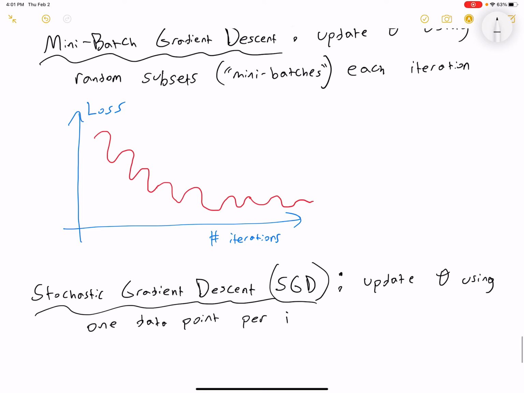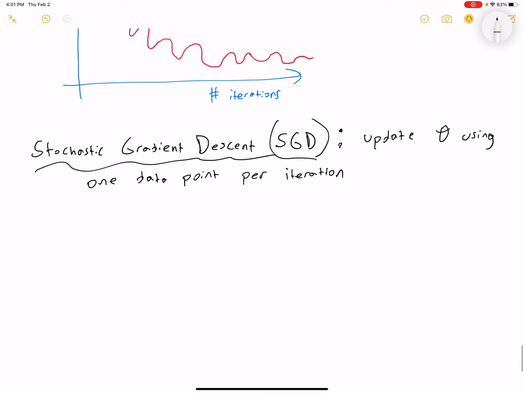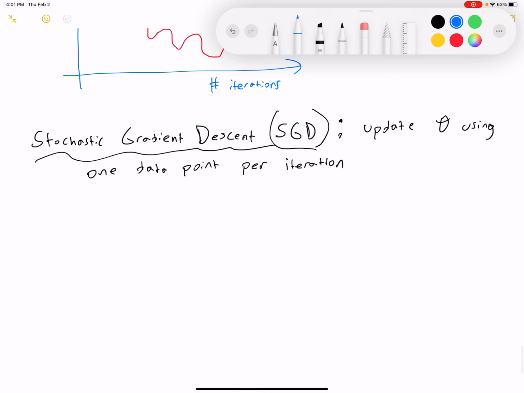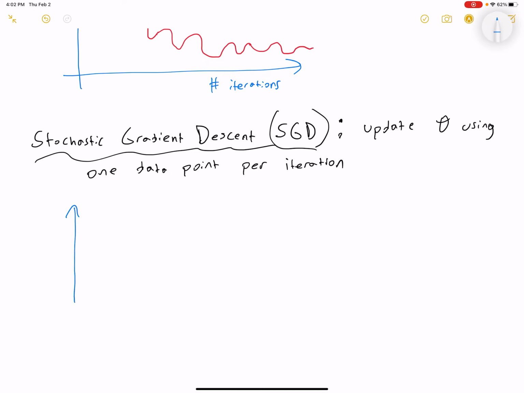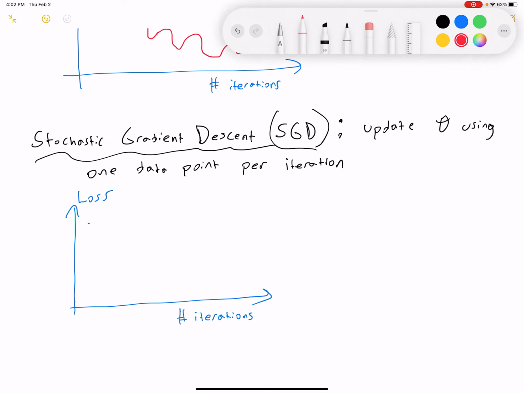So you just look at one data point. Drawing that out, it basically looks similar to mini batch gradient descent, but more extreme.